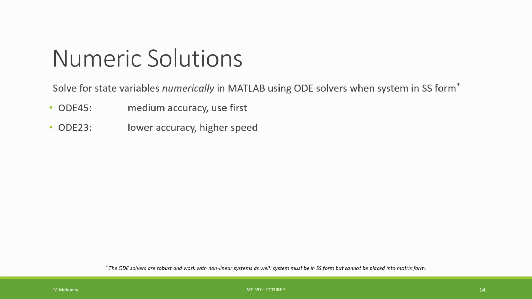So another option for big systems would be to use ODE23, which is generally going to be lower accuracy, but in return we get a higher speed for our solution. For this class, we probably don't need to use ODE23. ODE45 will be sufficient for pretty much everything we're doing.